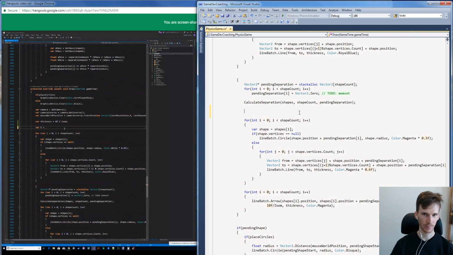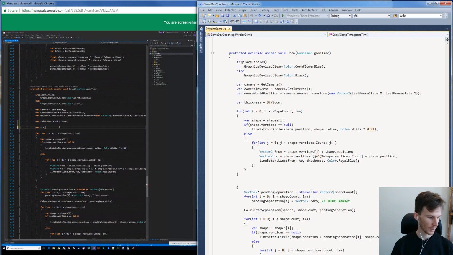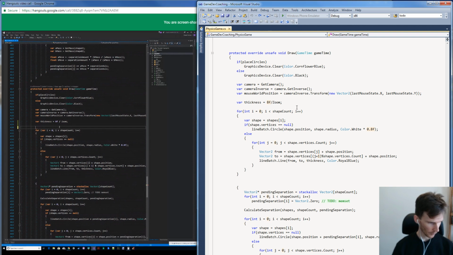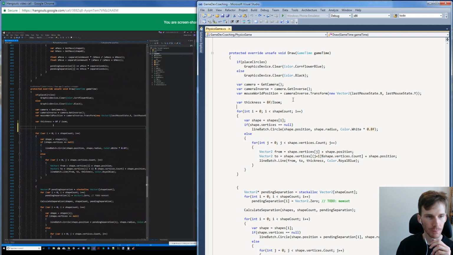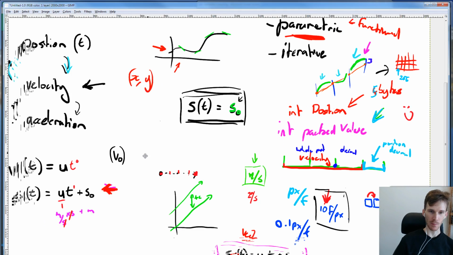Yeah. So what are we drawing? Here we're drawing the circles and whatnot, and we have a time. What are we going for here? We're not going to change the position, but we are going to animate it basically.